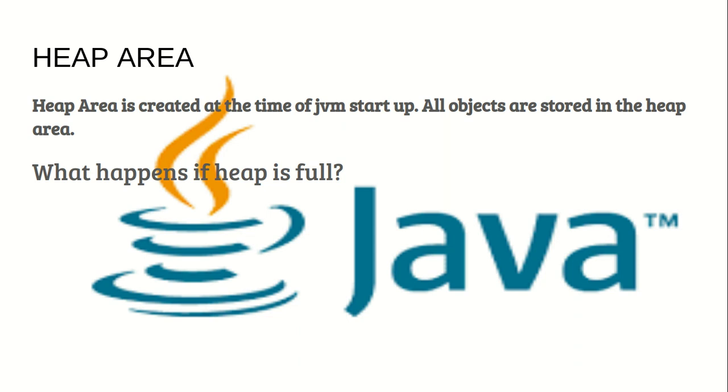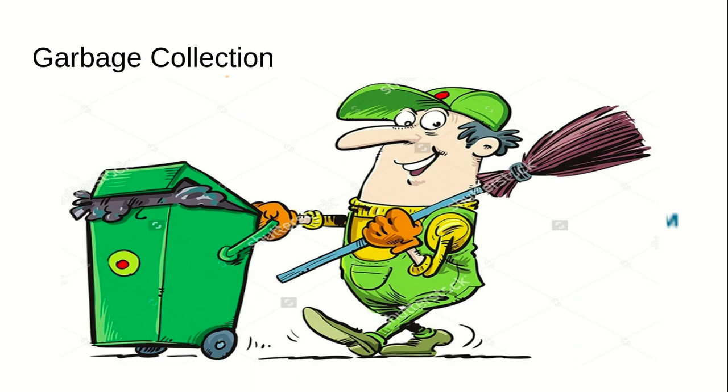Now the question must arise: whenever you are running a program in production, generally the same build keeps on running for, let's say, 1 month, 2 months, 3 months. How is it that after so much variable creation the code doesn't fail, because the heap area is limited? So what happens if the heap gets full? Behind the scenes, Java makes sure that garbage collection goes on. By garbage collection, you must have heard about GC, the minor GC, the major GC.